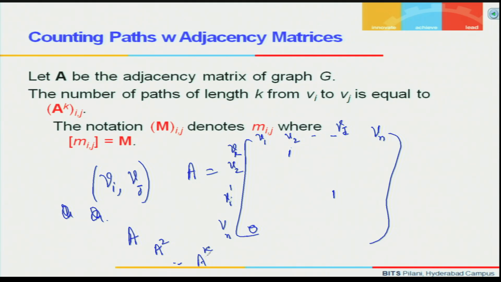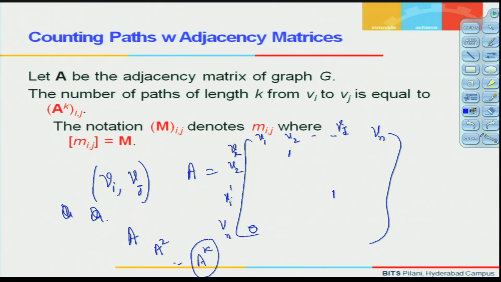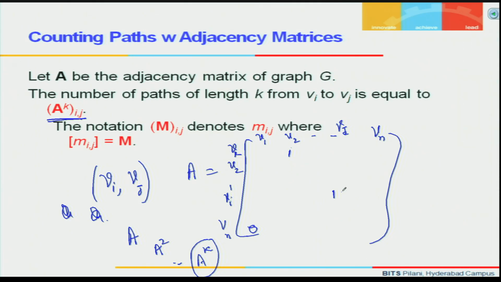Definitely it is going to be an integer matrix, because all the entries in A are integers and you have been always multiplying integers.